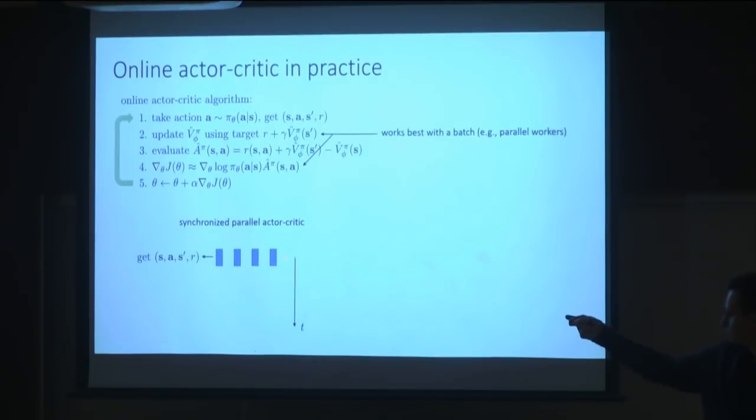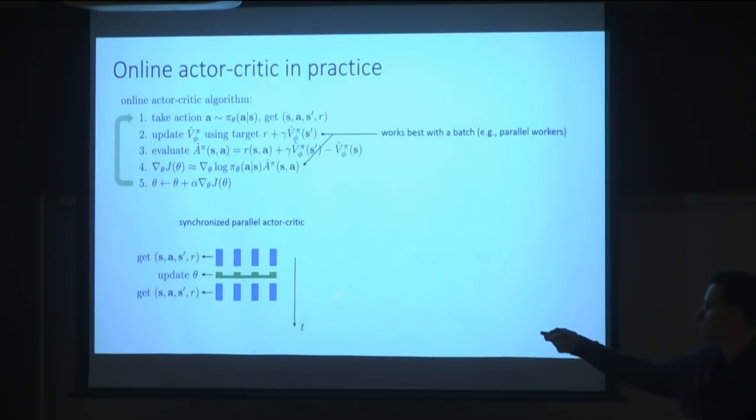So they run the simulator and collect a transition. Then for each of those transitions, you can estimate your targets and so on. And then you have to synchronize, because if you're going to be changing your V hat pi, the V hat pi is used by all the threads, so you have to put a synchronization point. And then the same thing for theta, you have to put a synchronization point. And then you can collect more experience in parallel, compute more target values, then synchronize again, and so on.